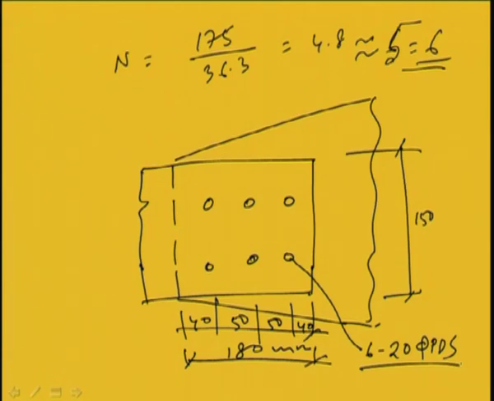So what we have seen here in the design of tension member is that a tension member can be designed as per the requirement of the load. When we design the tension member, first we find out the net area required for that section.